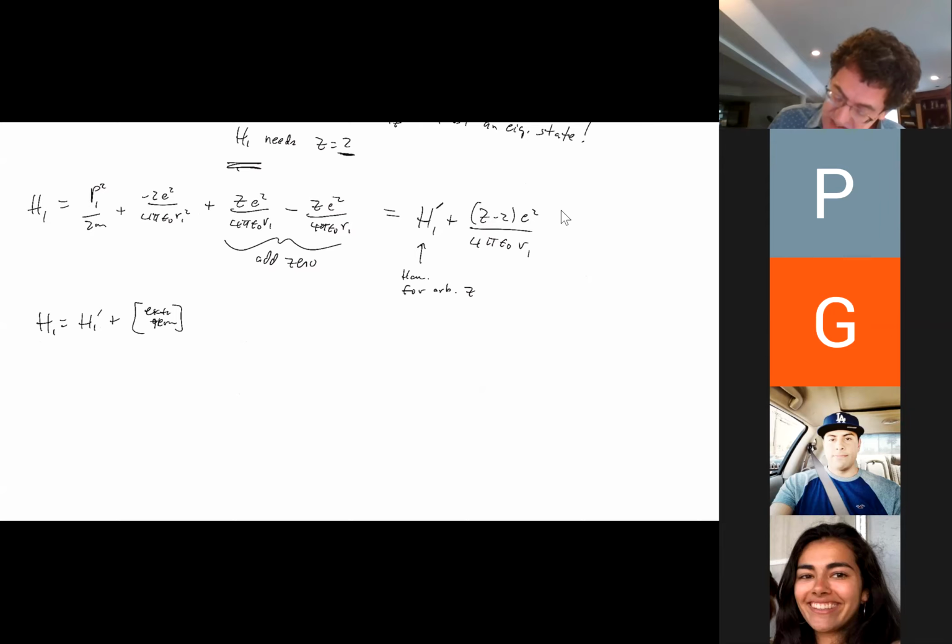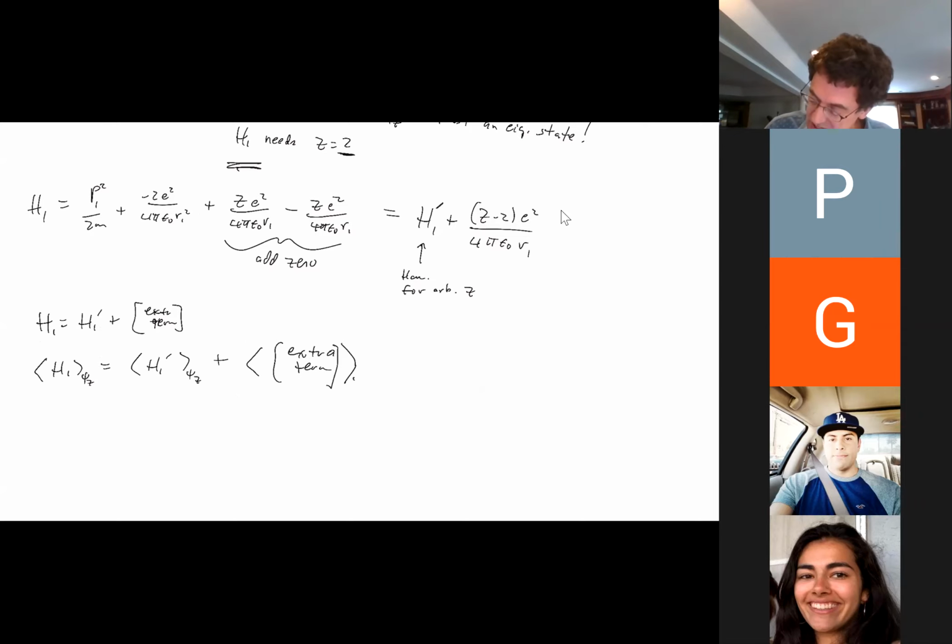And the reason I did this is because now the expectation value of H1 is equal to the expectation value of H1 prime for our psi sub Z plus the expectation value of the extra term for our psi sub Z.